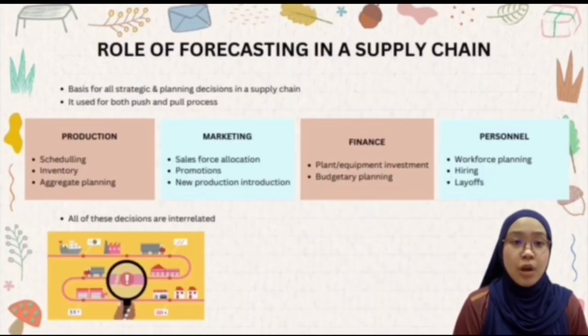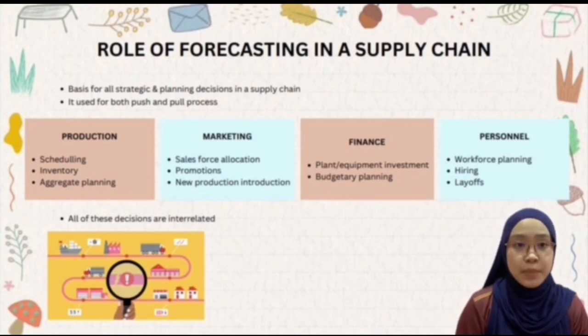Alright, the role of forecasting in a supply chain is the basis for all strategic and planning decisions in a supply chain. Not only that, it is also used for push and pull processes, which are the processes of production, marketing, finance, and personnel. So, under the production activity is scheduling, inventory, and aggregate planning.